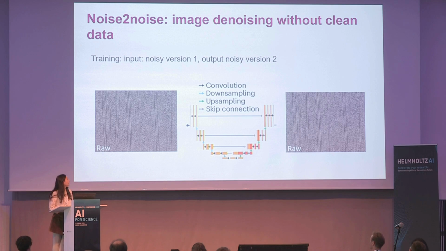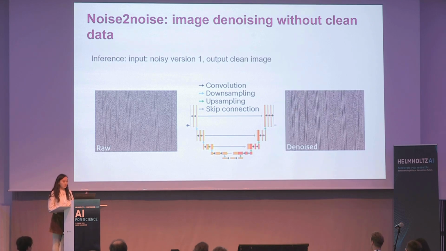How it works is, if you have a UNet, and now you can also use transformers, your input is one noisy version, and your output is the other noisy version. So basically, you need two noisy versions of the same thing, and that's how you train your network. Then during inference, it automatically gives you a denoised image.